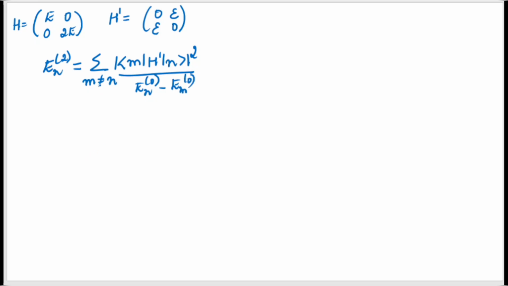Here they are saying m not equal to n. Same as before, I'm going to do it now. I'm considering n value equal to 1 and m value equal to 2.